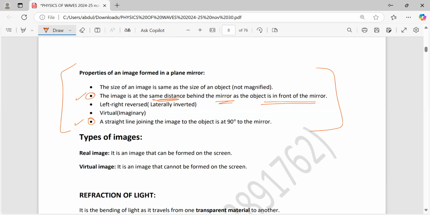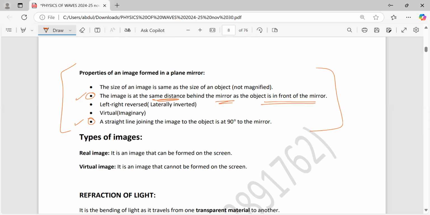First of all, if you have a plane mirror, the image and object size will be the same. If the object is 4 centimeter long, its image will also be 4 centimeter long. Like we can sometimes find mirrors in the market which look plane, but they are curved. How can we say they are curved? You will see your face in that mirror from one side, it will be larger, bigger than your face size.